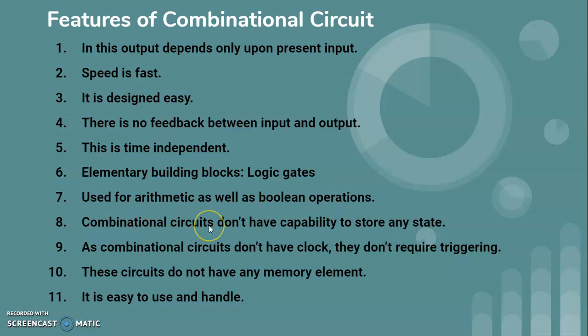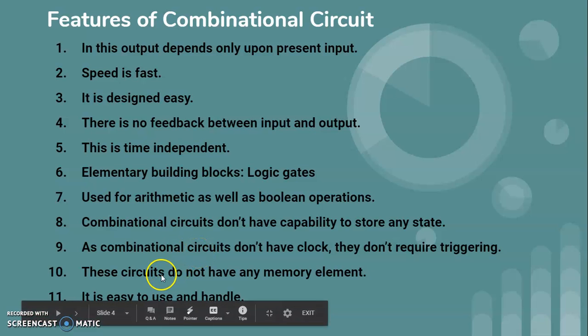Combinational circuits don't have the capability to store any state. As combinational circuits don't have a clock, they don't require triggering. These circuits do not have any memory element, and it is easy to use and handle. So due to all these features, combinational circuits are very much popular.